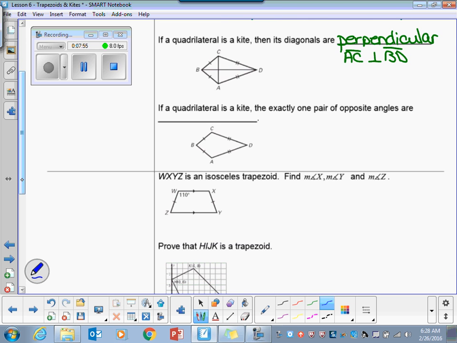Be prepared. If a quadrilateral is a kite, then exactly one pair of opposite angles are congruent, and it has to be the angles between the non-congruent sides. All right, so AB is not congruent to AD. Angle A is congruent to angle C.